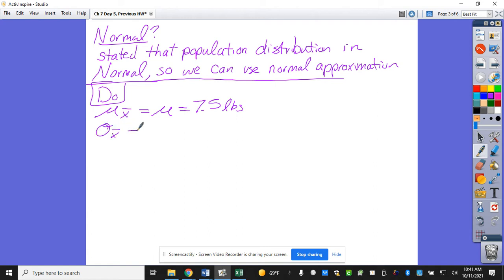So sigma of x bar, which equals what? Sigma over square root of n. What was our given sigma? What's our n? And so you end up getting about 0.7217. What do I need to write inside that? Because what? 10% condition.